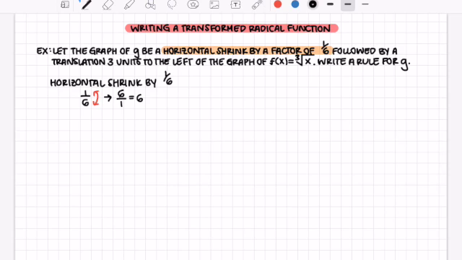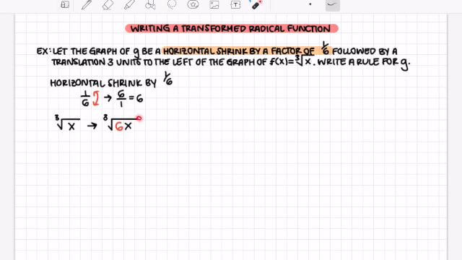So from our original graph, which is using the cubic root of x, that's going to change into the cubic root of 6 times x. It's horizontal, so it has to be on the inside of the radical, not on the outside.